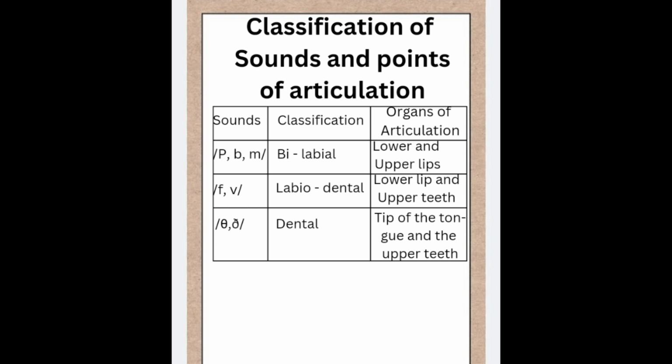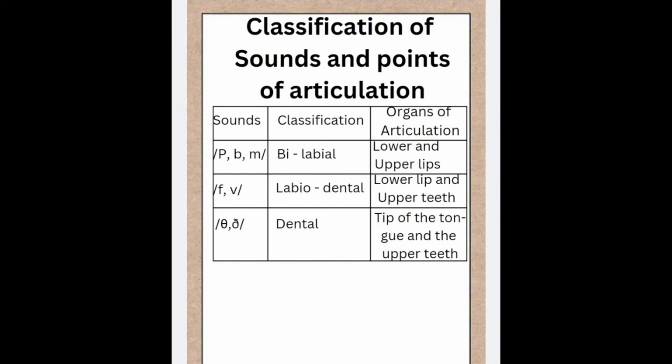These are classified too as dental sounds. It involves the tip of the tongue and the upper teeth, referred to as the incisors. The next sounds to be considered are sh, ch, and j.